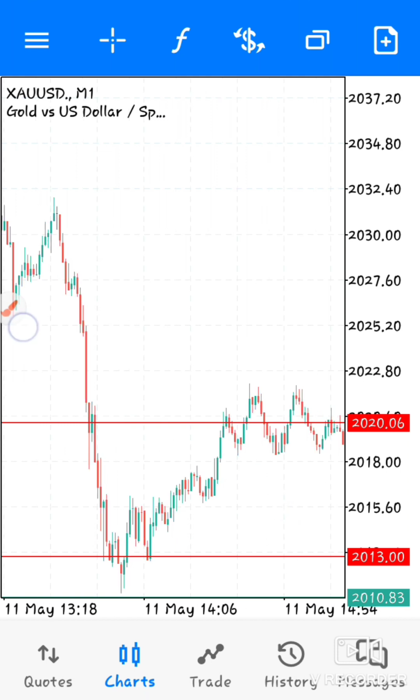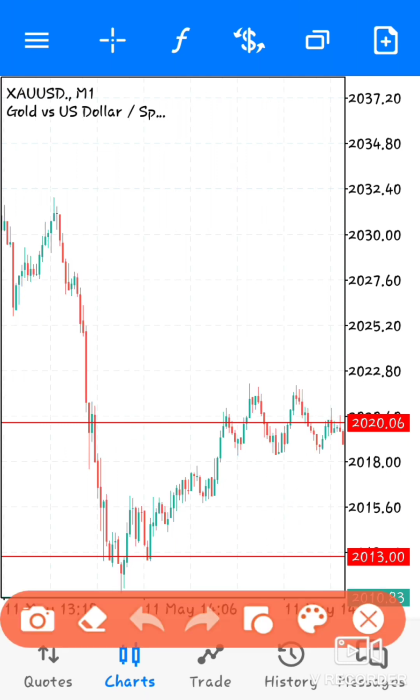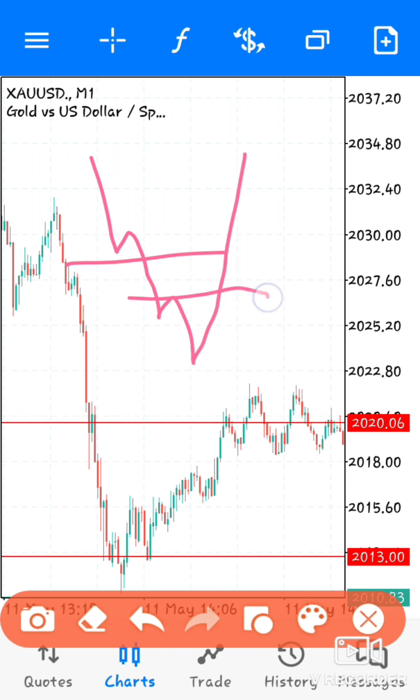Don't forget, you want to see price come down to your support level, and then all of a sudden you want to see a pullback, break first resistance, second resistance, and you measure from this level to this level. If it's above 20 pips, that means the setup is valid.